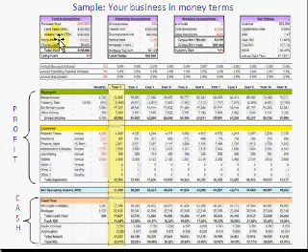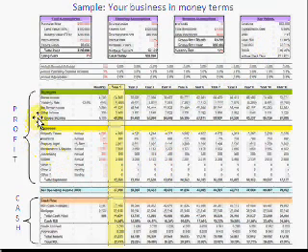In this sample, there are tables for assumptions of cost, assumptions of financing, the sources of your funds, and then the revenue assumptions and key values that affect your business, such as interest rates, interest on loan.